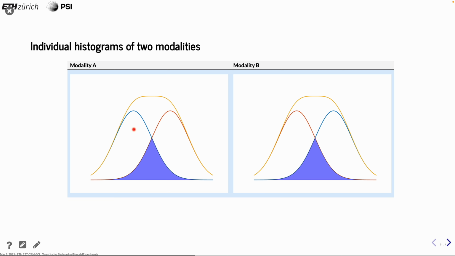We still have modality A here as before, and modality B has, in this example, flipped the contrast. So now the blue contrast has the higher intensities and the red contrast has the lower intensities. But still we have the same overlap and also a single mode of the histogram, which is still quite useless. So we can't segment with each one individually because it will not give a good result.